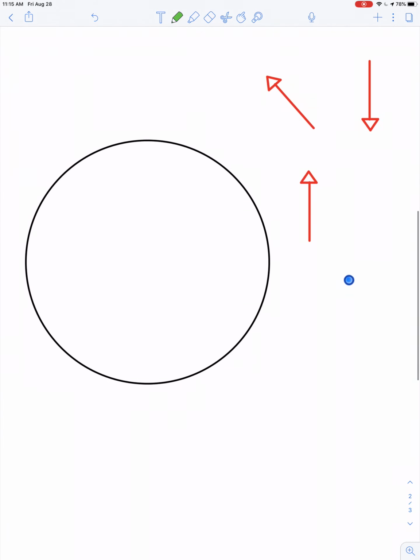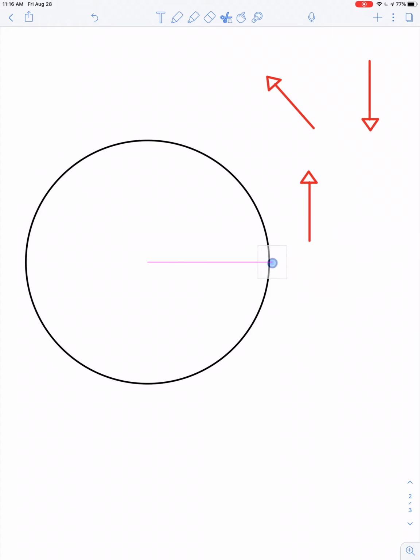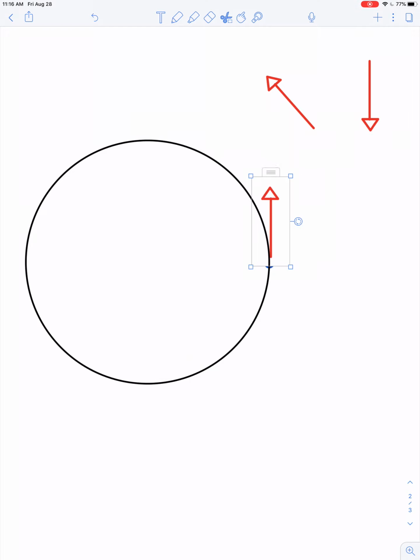So whether this is the overhead view of a car going around the racetrack or the overhead view of that ball that's whirled around in a circular path, or any situation where an object is moving with constant speed on a circular path, we can place the object maybe initially right here so that the initial tangential velocity vector points straight up.